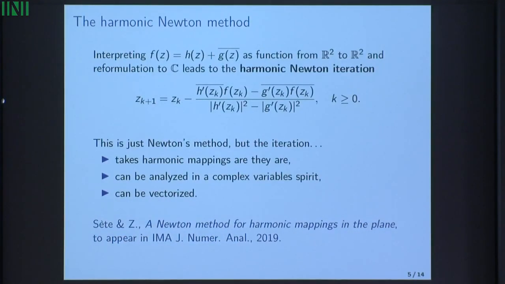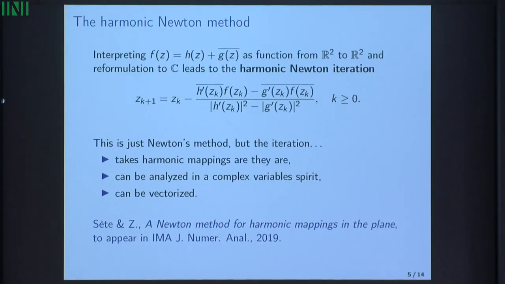A harmonic mapping is in general not analytic, so we cannot use Newton's method for analytic functions. But of course, it's C infinity from an R2 perspective, and so we can use Newton's method for R2 to R2. And if we then reformulate this in terms of Wirtinger derivatives, we get this iteration. And this looks very good for an analysis in a complex variable spirit.